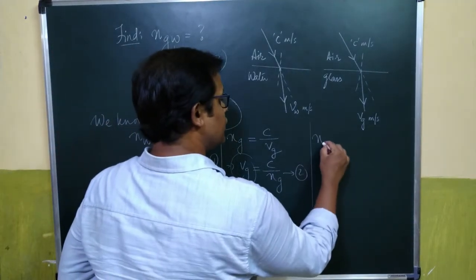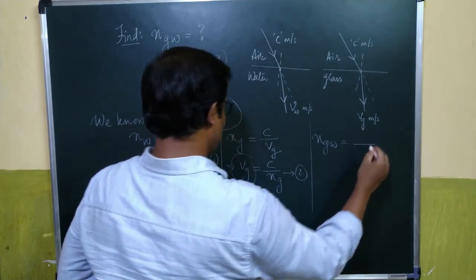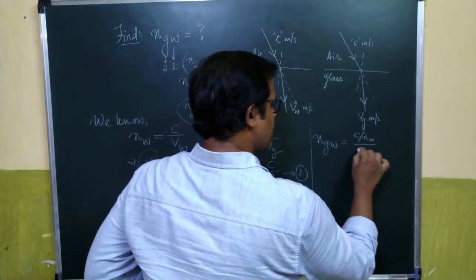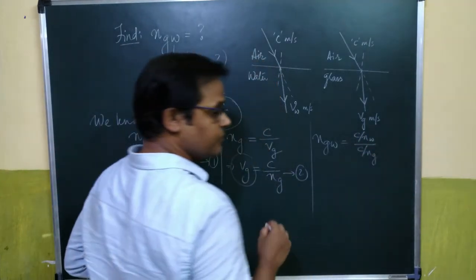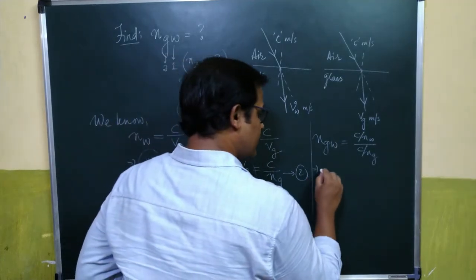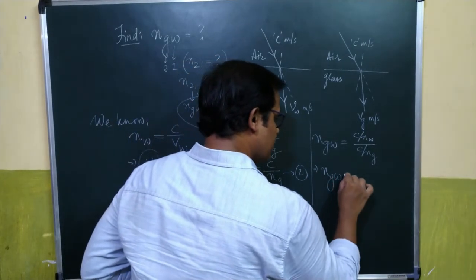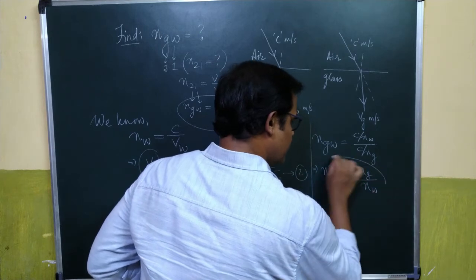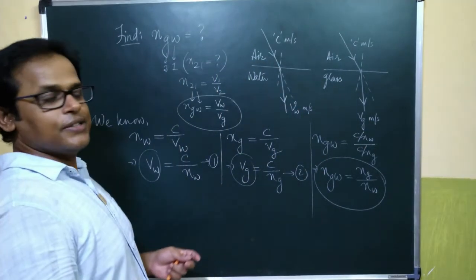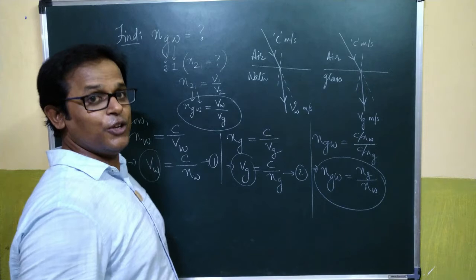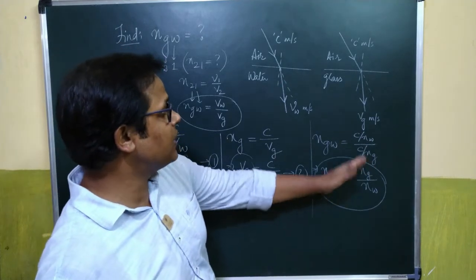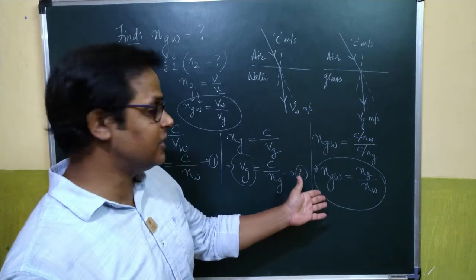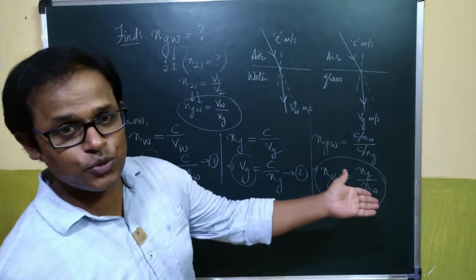Hence, NGW is equal to, what is VW? C by NW divided by C by NG. After substitution, you'll get a very beautiful simple formula: it could have been written as NG by NW. So it means that if you know the absolute refractive indices of the two different transparent media, then you could happily calculate the refractive index of glass with respect to water.